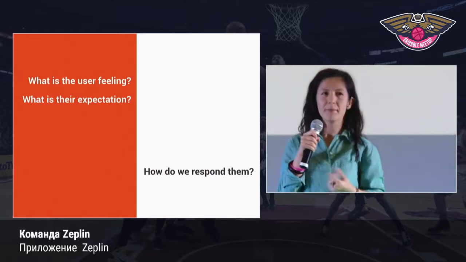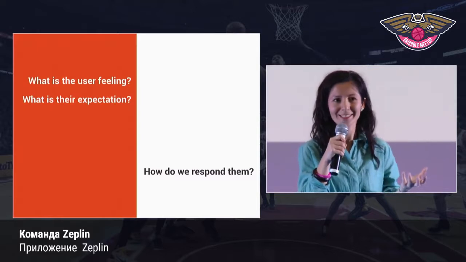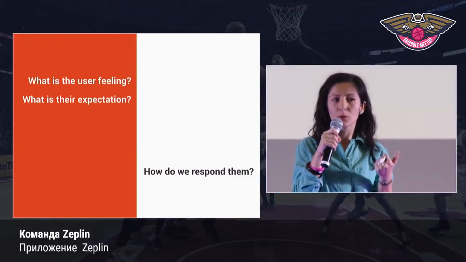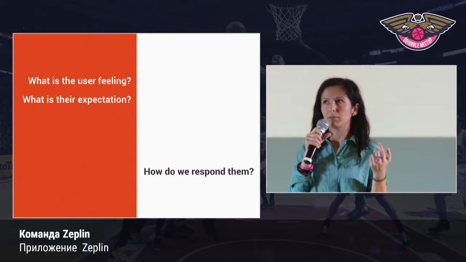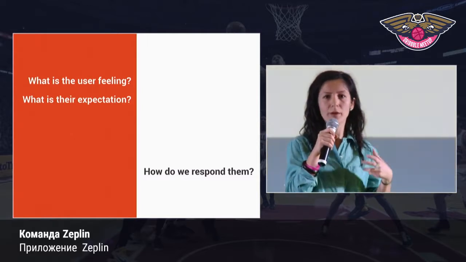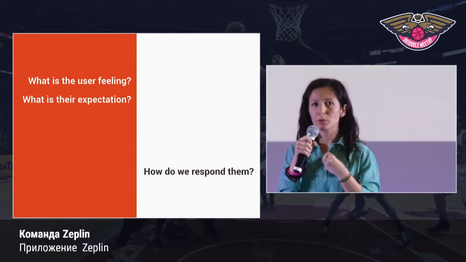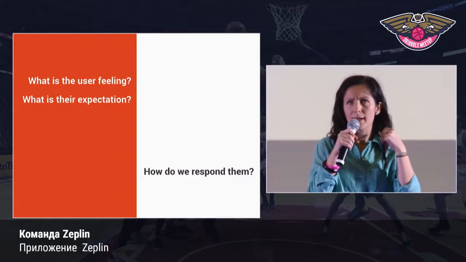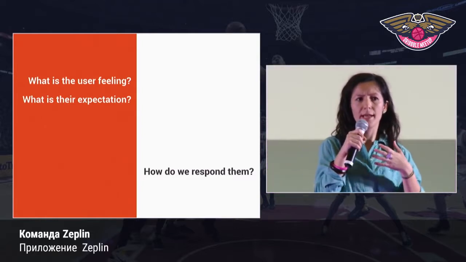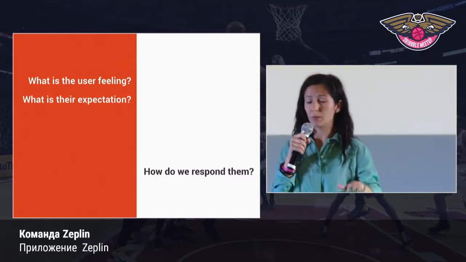Let's say an error message: when an error happens, your users can be stressed, confused, even angry. So your error message needs to say what's going on, offer a next step or solution, and also calm them down.